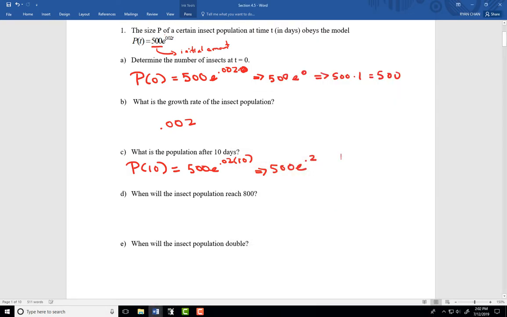We'll round up because we're talking to the nearest insect. So we say there are 510 insects here.